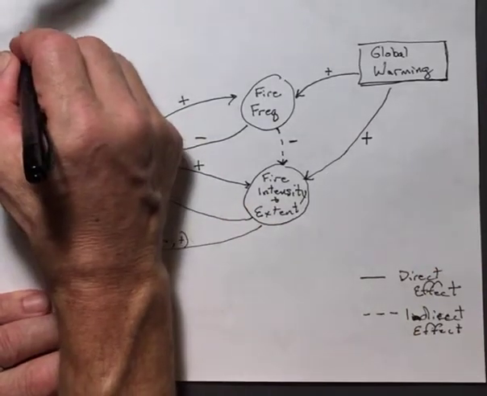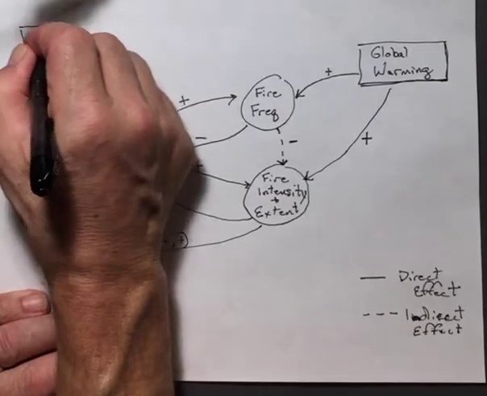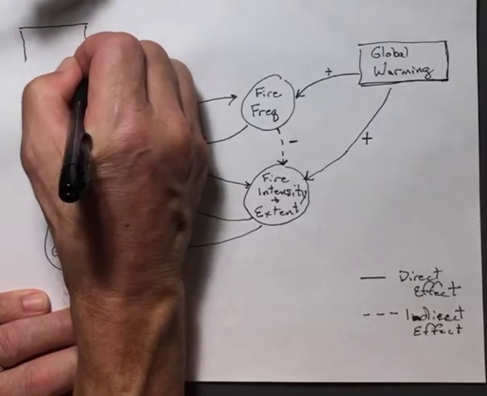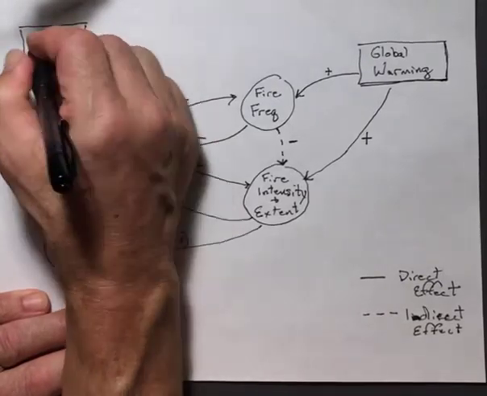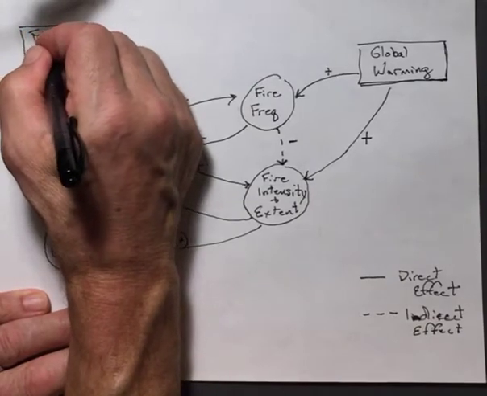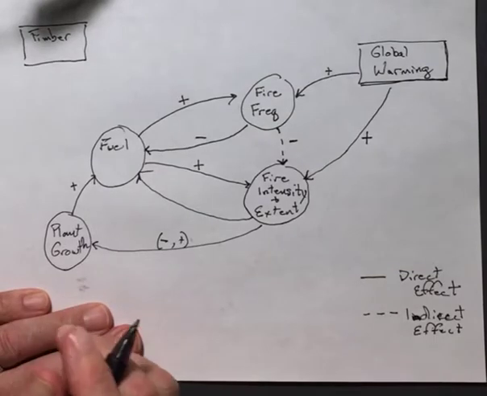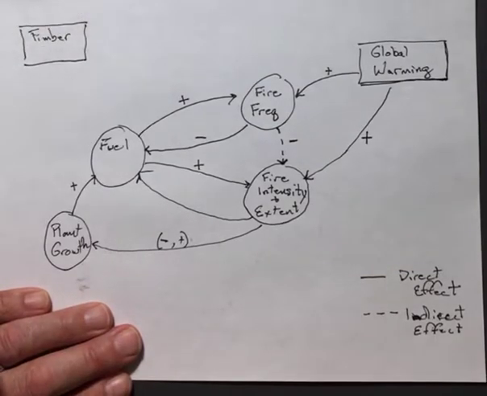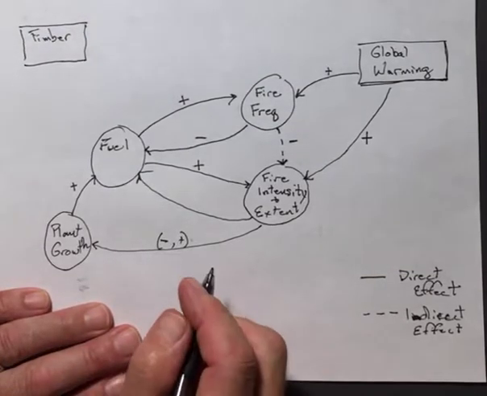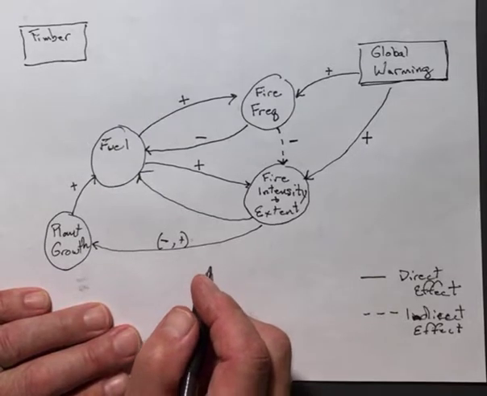Another thing that reduces fire is timber harvest, right? Millions of acres out west are in federal lands, and it's used by the Forest Service.